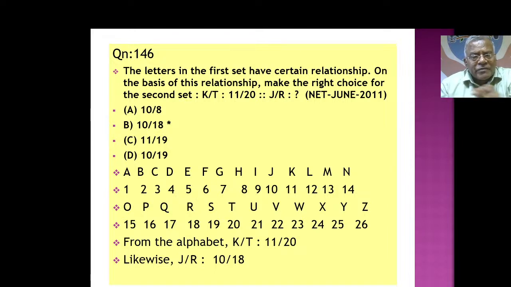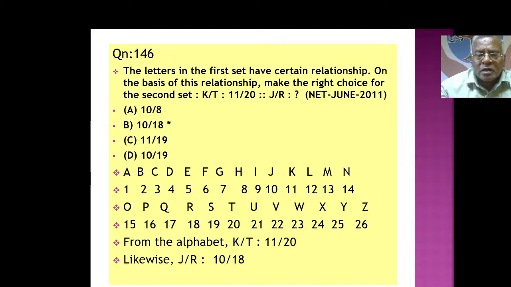From the alphabet we can find out the number for K, that is 11. The number for T is 20. Likewise, the number for J is 10. The number for R is 18.